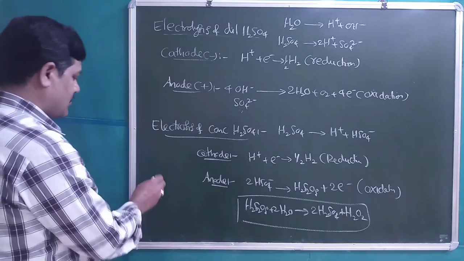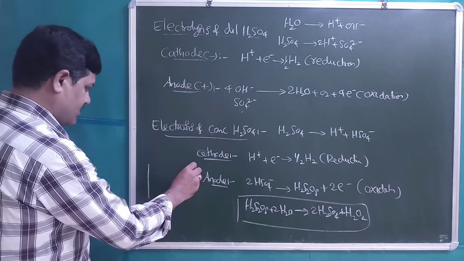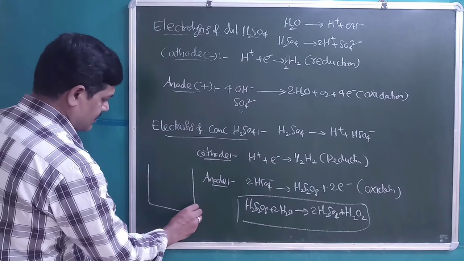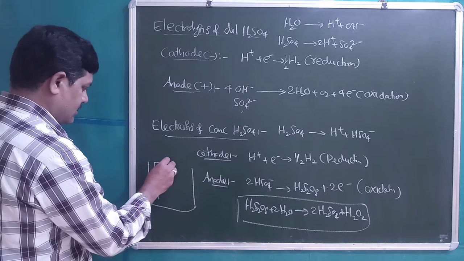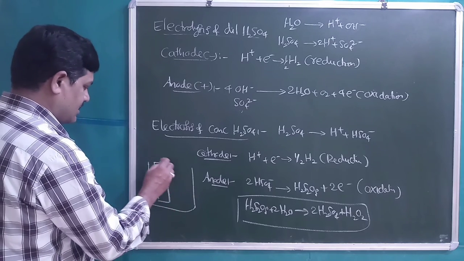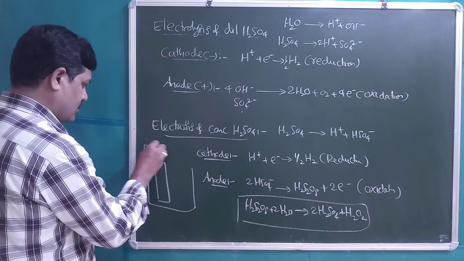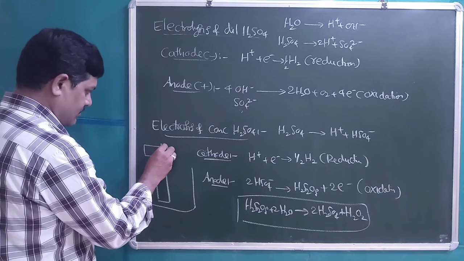Students, now we talk about active electrodes. For example, in the electro refining of copper, impure copper is taken as the anode, and a thin pure copper rod as the cathode. The negative terminal of the battery is connected to the cathode, and the positive terminal to the anode.